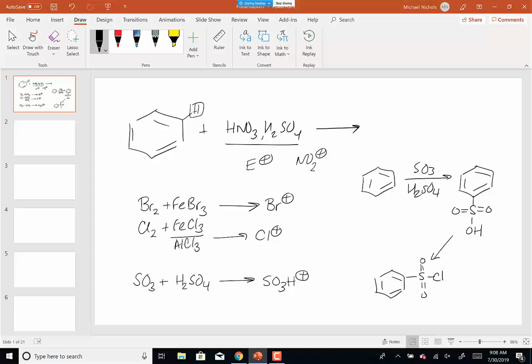So how would I go from this? This is called a sulfonic acid. So how would I go from the sulfonic acid to what's almost a tosyl chloride? It's missing the methyl group at the para position. But what reagent would I use?